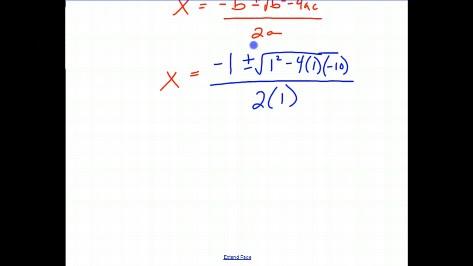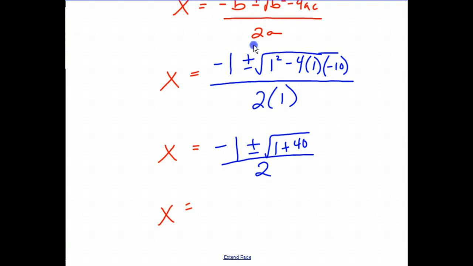So I have x equals, that red is what we're solving for, negative 1 plus or minus 1 squared, we know is just 1, minus 4 times 1 times negative 10, so I have plus a 40 here, all over 2. From here, let's simplify our square root.